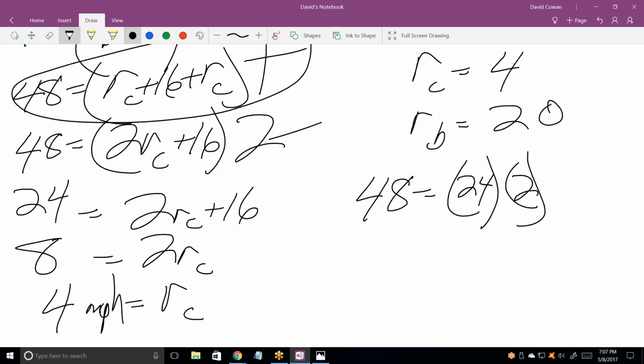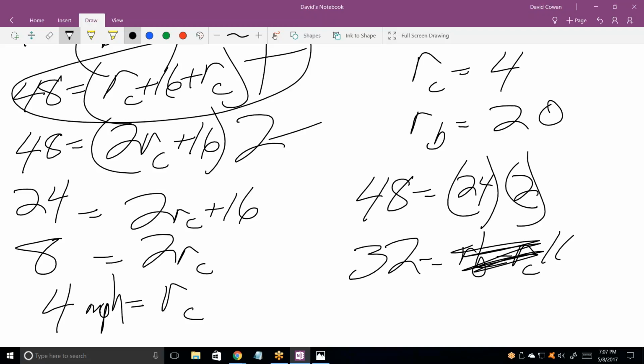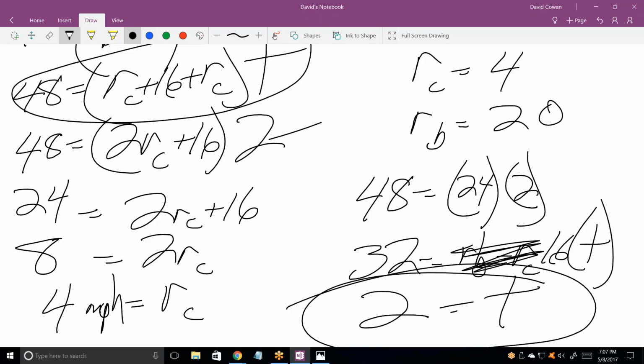That works. Now coming back, we got 32 miles, and that's equal to the rate of the boat minus the rate of the current. Well, the rate of the boat minus the rate of the current is 16. So again, time equals 2 hours in both cases. That means that we've got the right answer.